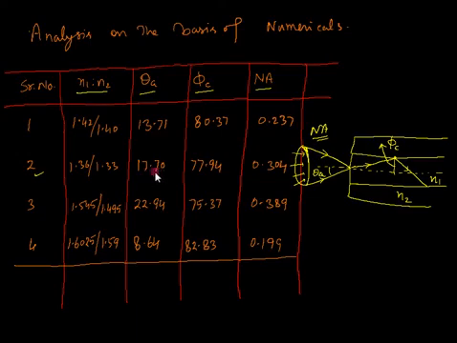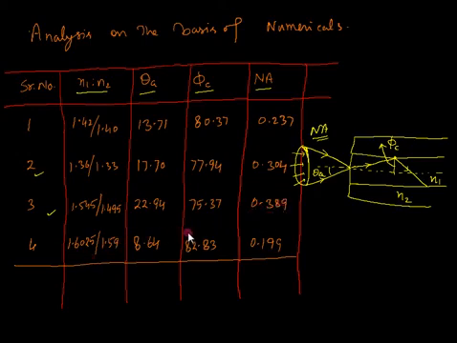Acceptance angle is 17.70, and the critical angle is 77.94, approximately 78 degrees, and 0.304 is the numerical aperture. In the third case, when refractive indices are 1.545 and 1.495, the acceptance angle is approximately 22.23, the critical angle is 75, and the numerical aperture is 0.389.